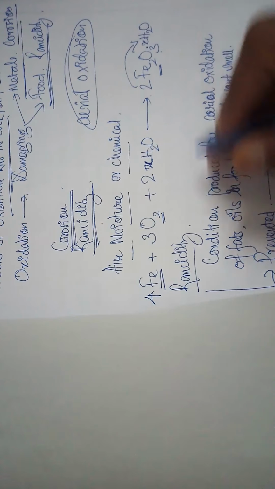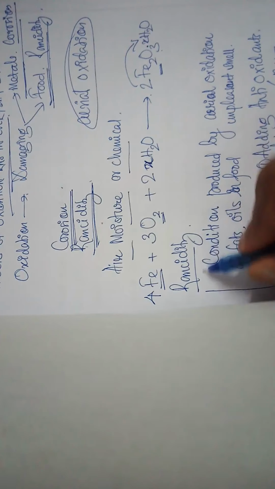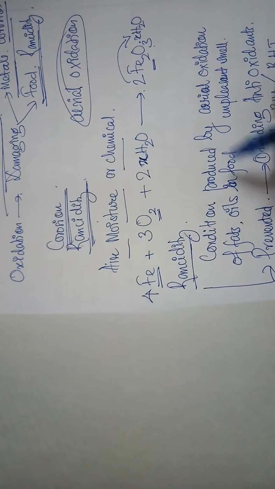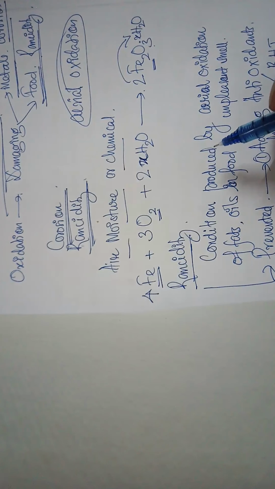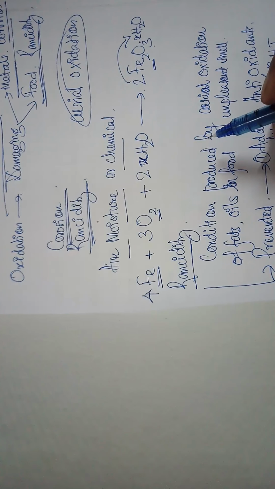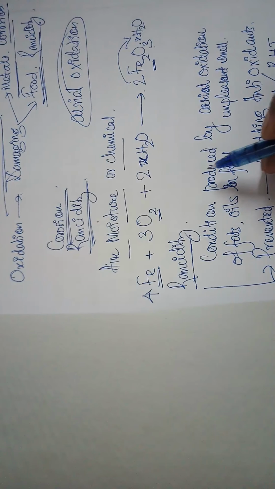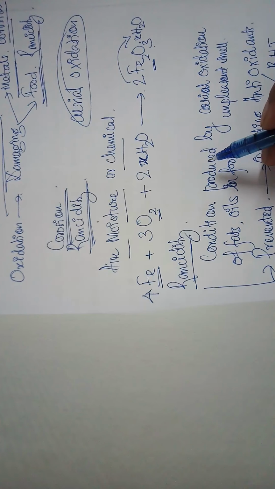Now we have to learn about what rancidity is. Rancidity is also a type of corrosion, or it is also damaging of food. Oxidation also has a damaging effect on food, as we have referred to earlier, containing fats and oils.